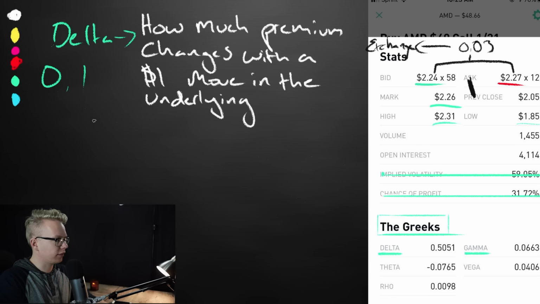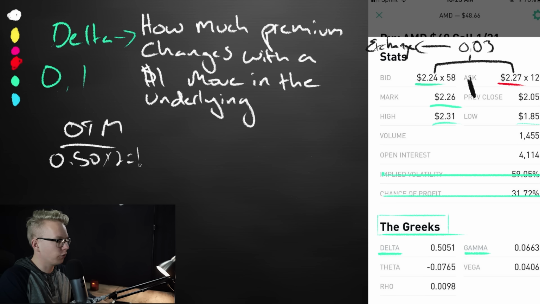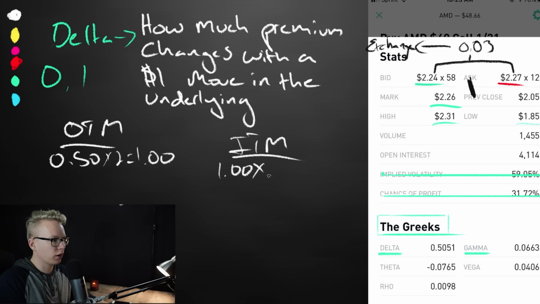So just kind of writing it out as an example here, you might have out of the money options. They're worth 50 cents each. You're going to buy 2 of them. So you've paid $1 in premium. In the money, they might be worth $1 each. So you're going to buy 1 of them. So you're paying $1 of premium. However, the delta of each of these, just for example, is 0.3.